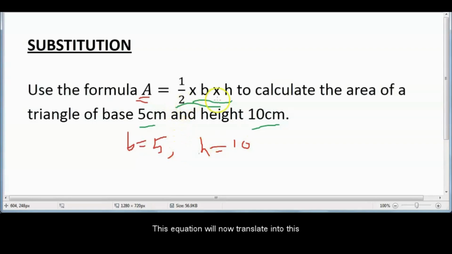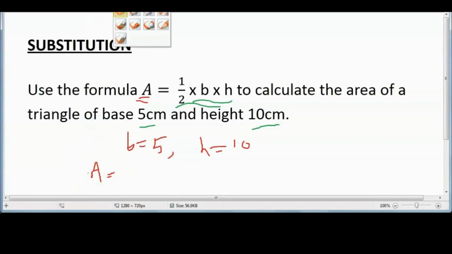This equation will now translate into this: A is equal to half multiplied by 5 multiplied by 10.